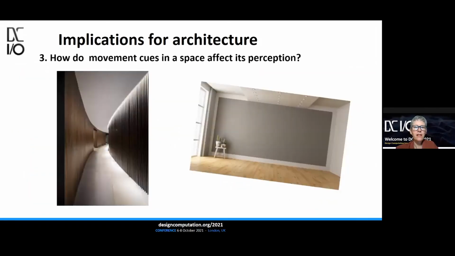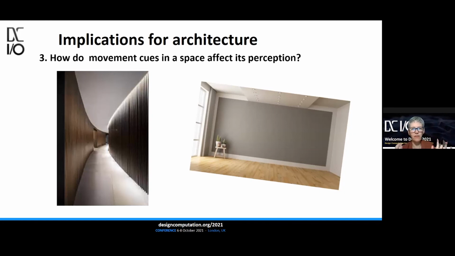And then the third thing is, how do the movement cues in a space affect perception of the space? Because the one thing that's really certain about the structure of the cognitive map is that there's this constant integration of the movements that you're making and all of the signals that generates, including vestibular signals and optic flow and all of that kind of stuff. How does that interact with what you can see and what your senses are telling you about the space in the outside world?